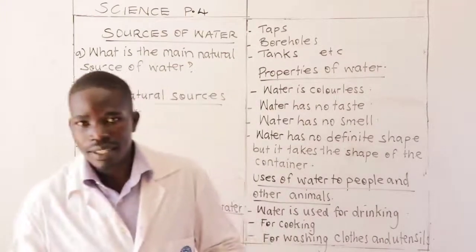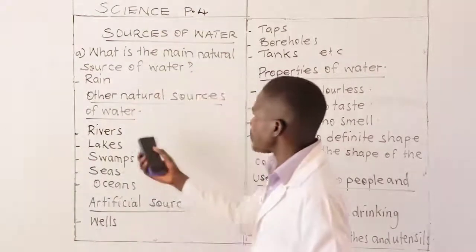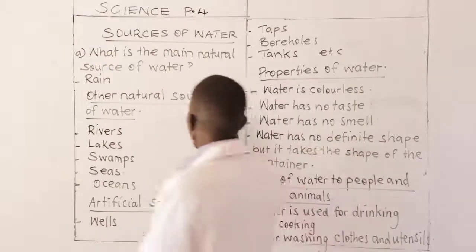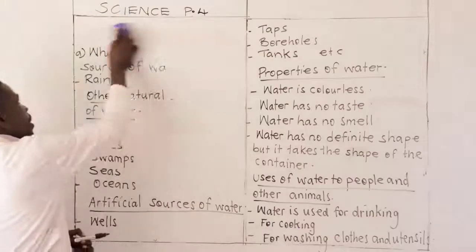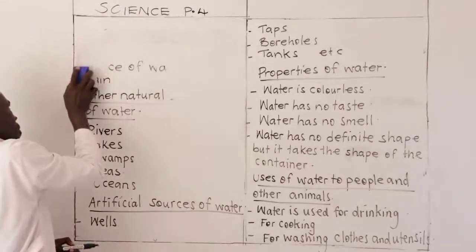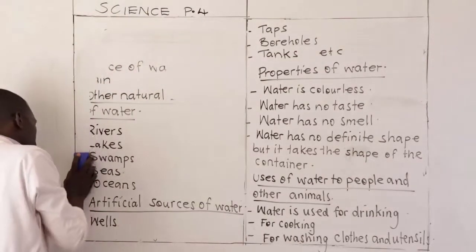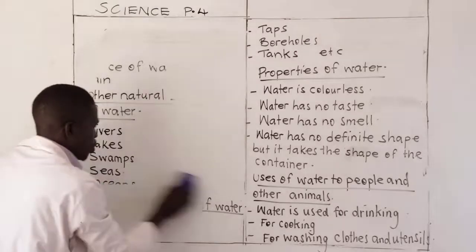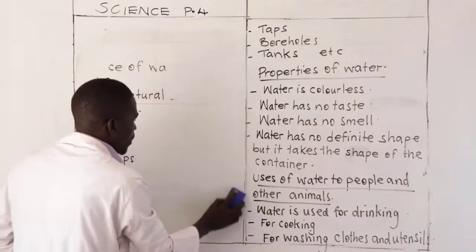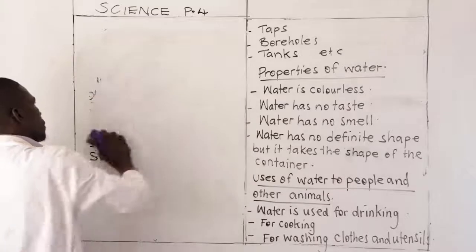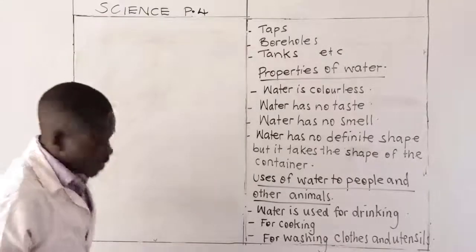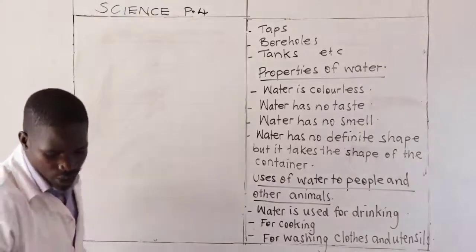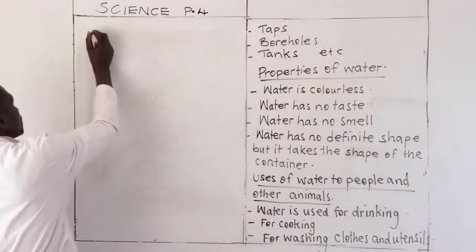Let us erase this side here. Then we erase this side here. As we are continuing in primary 4, we look at the uses of water to plants.